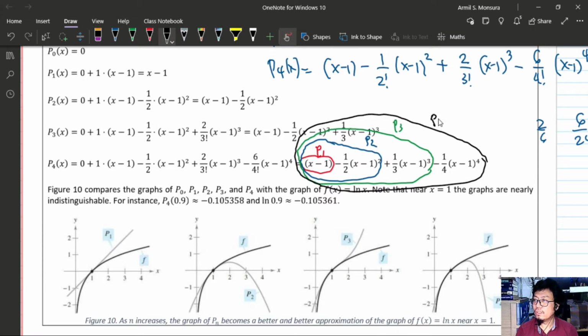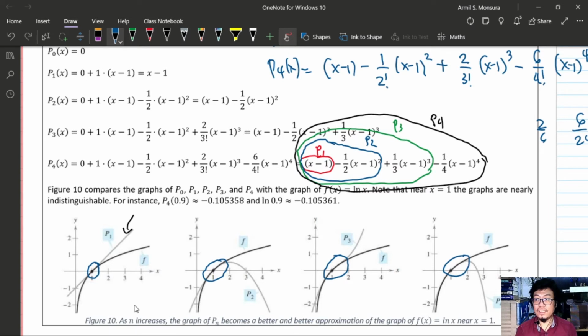That's your P4. So, as you can see, your P1 is simply a line. But your P2 is now a quadratic, a parabola. Your P3 is this. And your P4 is this. So, as you can see, the shape of your polynomial gets closer and closer to the function as you increase the order or the degree of your approximating polynomial.